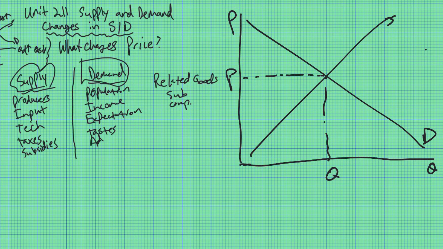So let's say that for whatever reason, the input cost of producing lemonade goes up. So the cost of lemons increases. Well, that's going to affect my supply curve. And I know that my supply curve would shift to the left, or it would be more costly to produce it. So I'm going to show this supply curve shifting to the left like that.